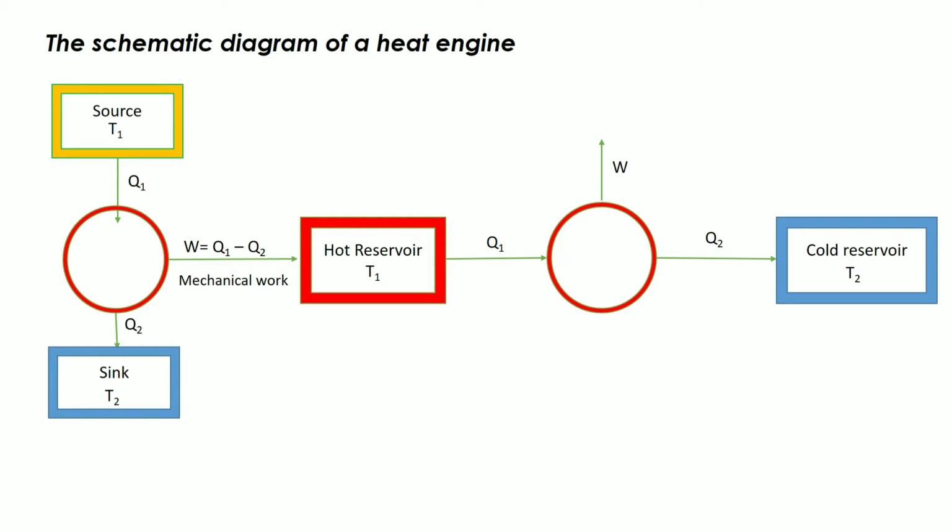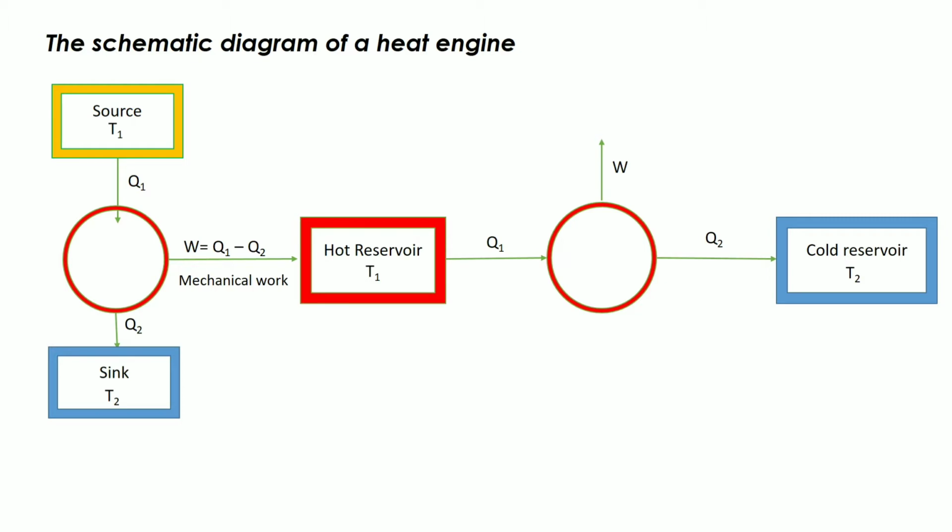The working substance takes a cycle of operation. In this process, the working substance absorbs heat from the source, transforms part of it into mechanical energy, and the remaining part of the heat is rejected to the sink. After completing the operation, the working substance comes back to its original state.